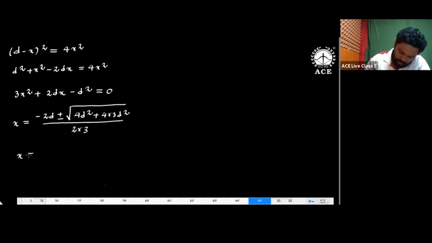So x is equal to minus 2d plus or minus square root of 16d square by 6, which is minus d plus or minus 2d divided by 3.